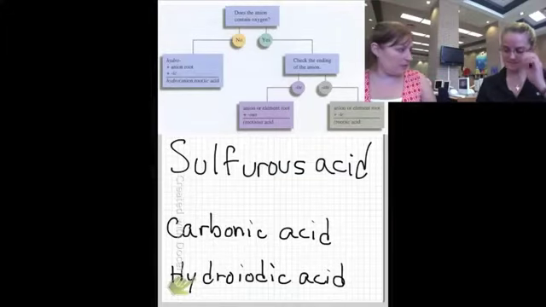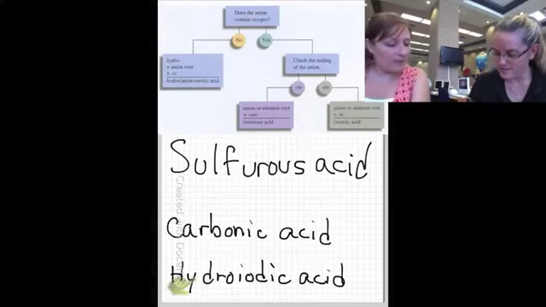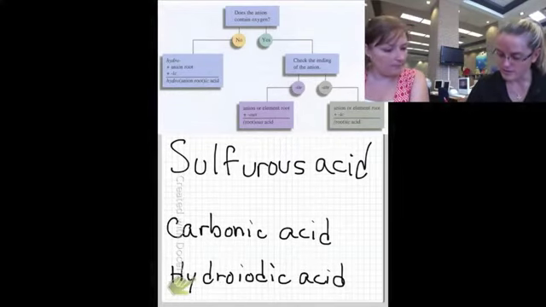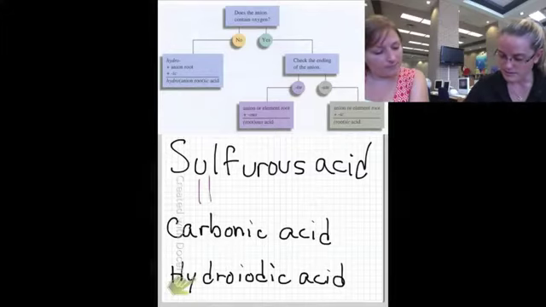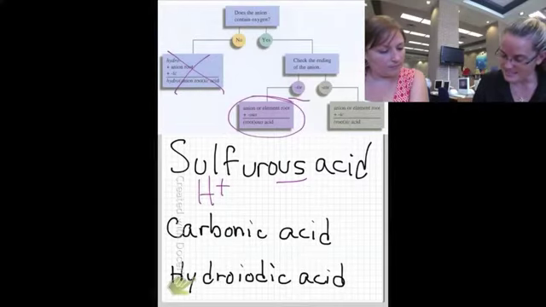Okay, Ms. Russman, you're going to take over and show me how it's done? Okay, so first I know since it's got acid there, I want to start with an H+ to write it, and then I'm looking at the end and it says ous. I know it's not hydro, so I can mark that one out, and the ous tells me that it's this right here. The ite tells me that it went from sulfurous to sulfite. Okay.